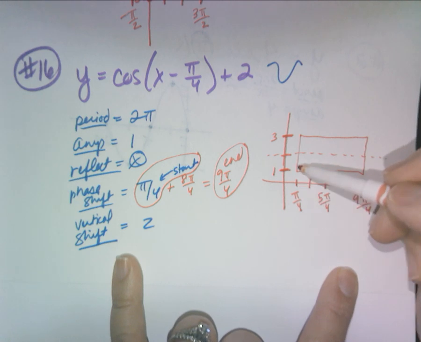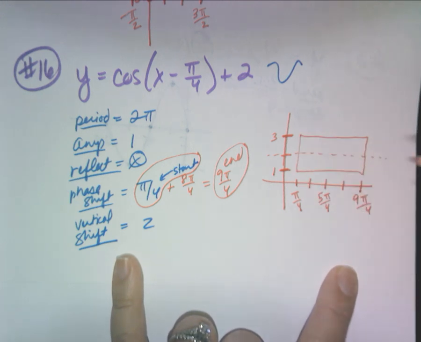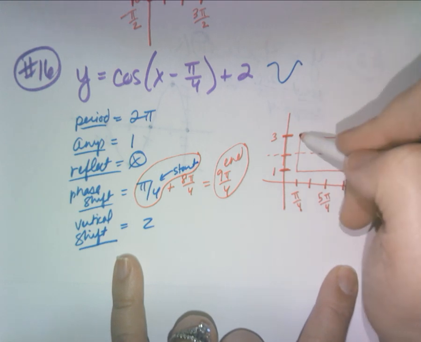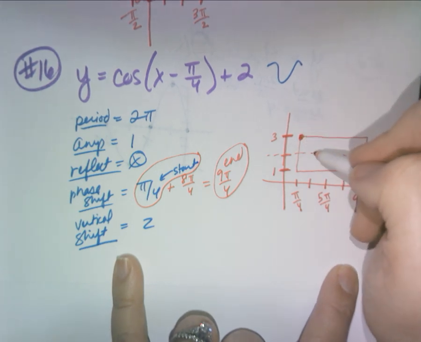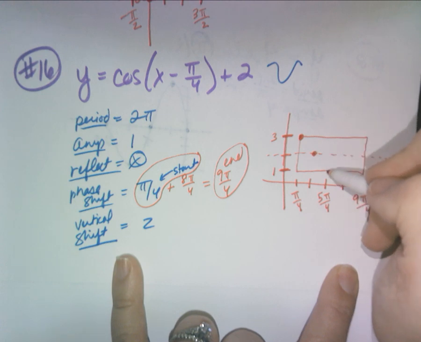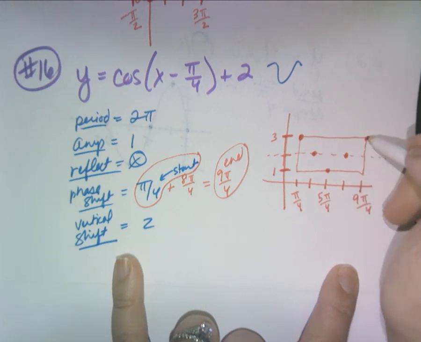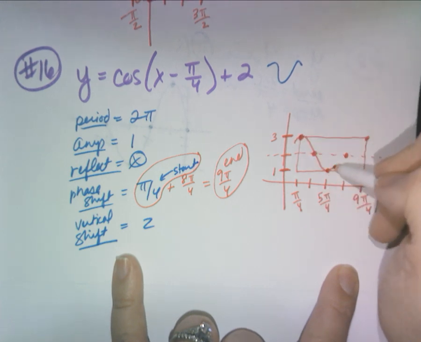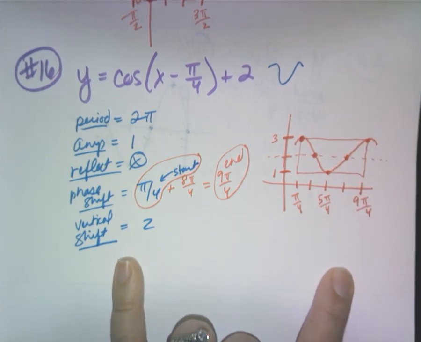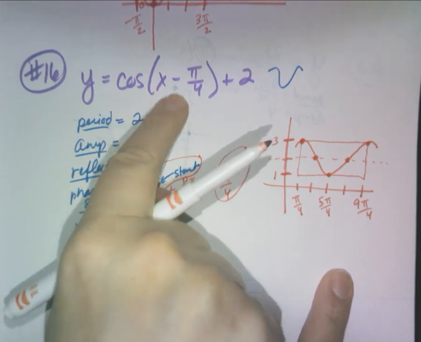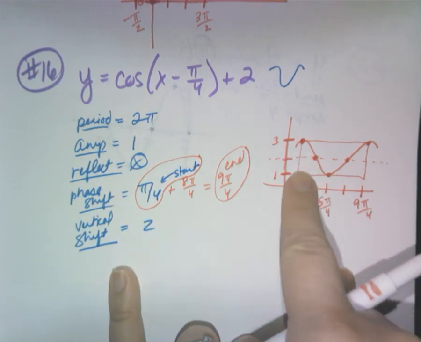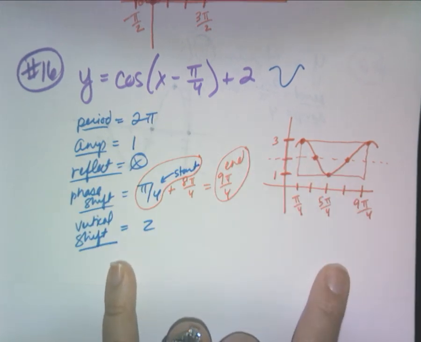So at pi over 4, do I start which one? Upper, middle, or bottom? Start up, go to the midline, go down, come back to the midline, go up, and then kind of make a little hook at the end. That would be the cosine shifted over pi over 4 and then shifted up 2.